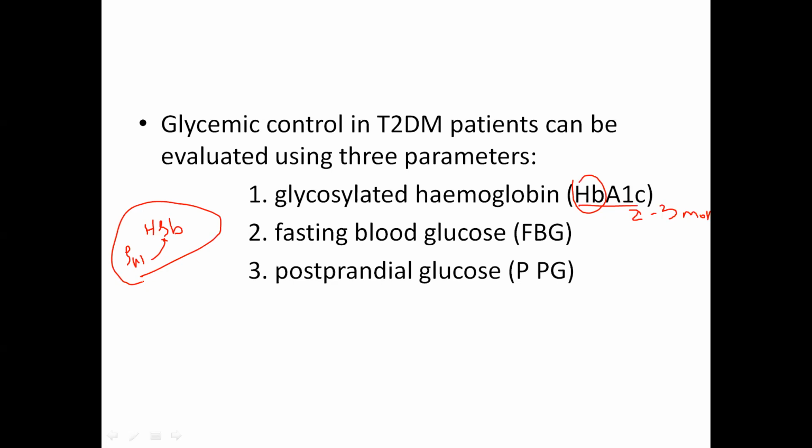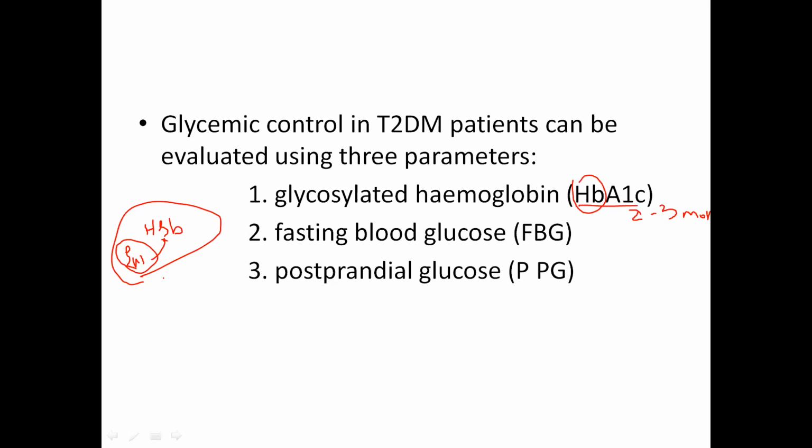So if it bonds in excess, it tells us the sugar level is high. We choose glucose for that reason.